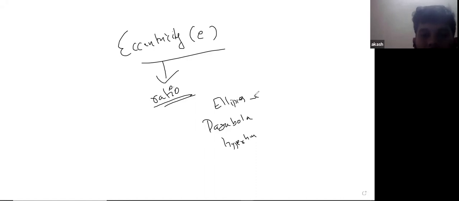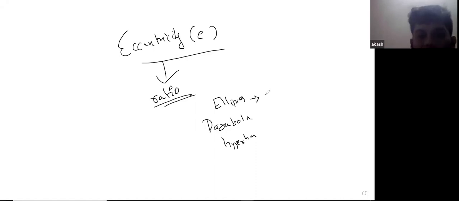Eccentricity is a specific ratio, and the parabola, ellipse, and hyperbola all have eccentricities.